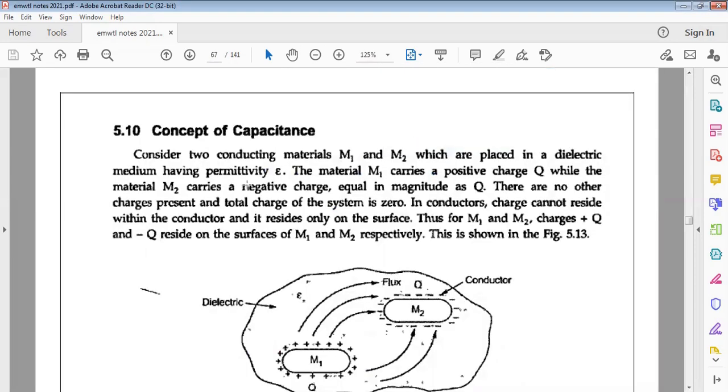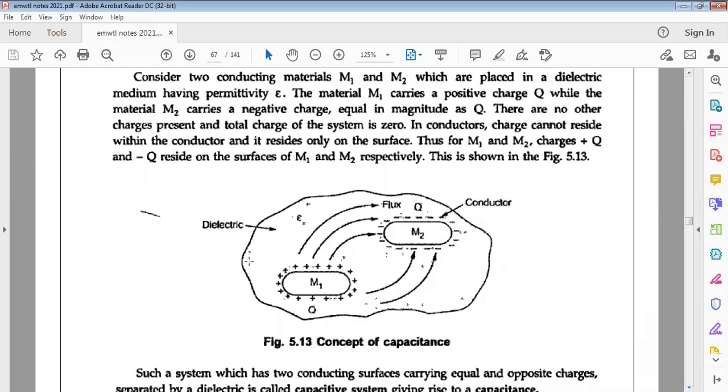Concept of capacitance. Consider two conducting materials in free space, which is nothing but a dielectric. Assume it is a dielectric. The two materials, M1 and M2, are placed in a dielectric medium having permittivity epsilon.